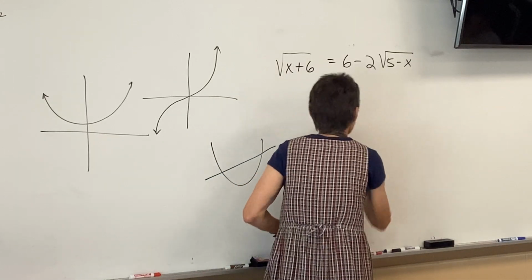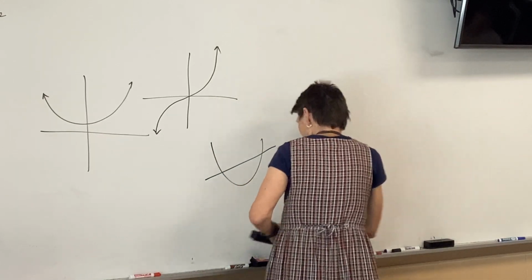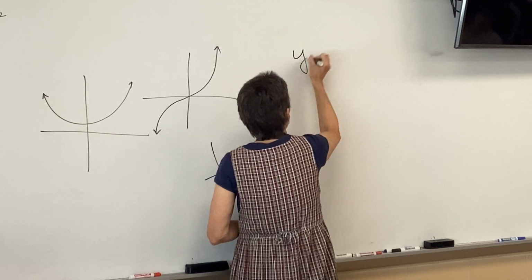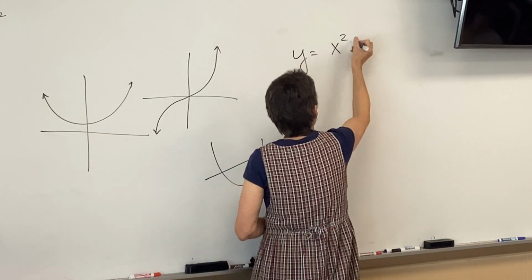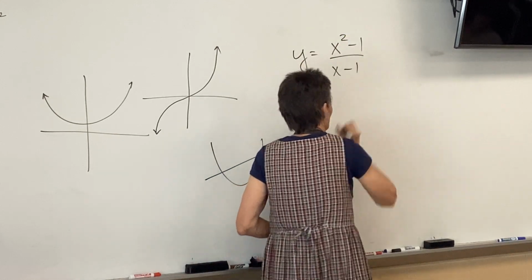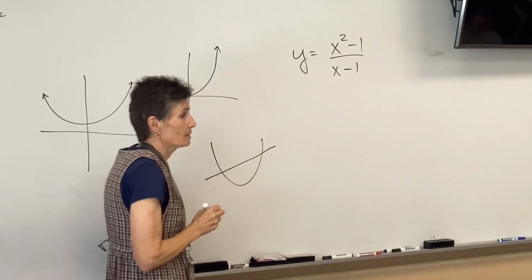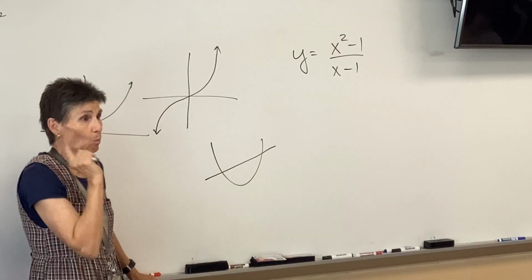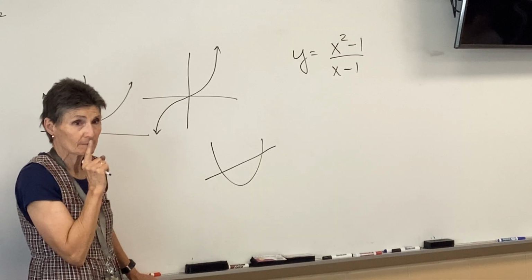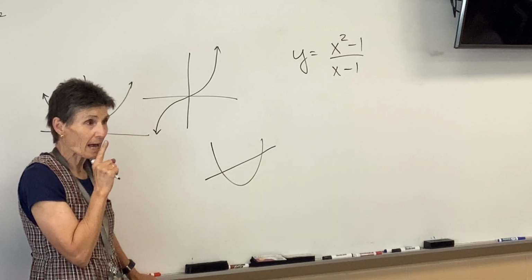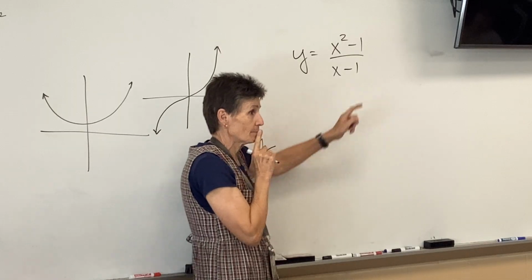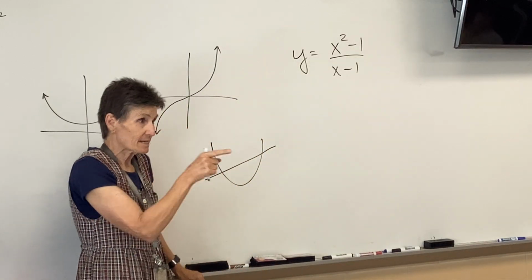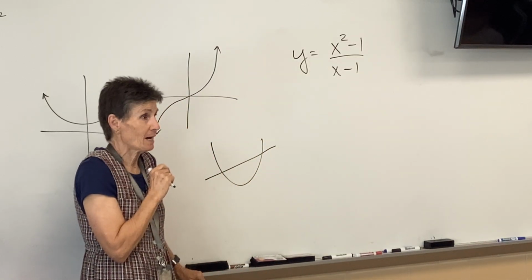So, for example, if you had this problem, x cannot be 1. Would you agree with me? Because what happens if x is 1? You have a 0 in the bottom and you can't have a 0 in the bottom.